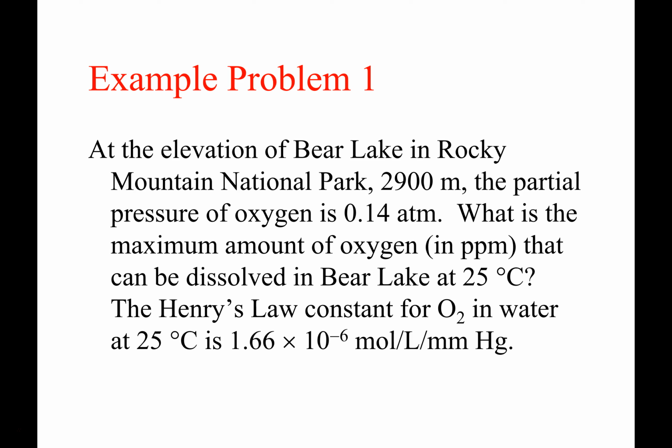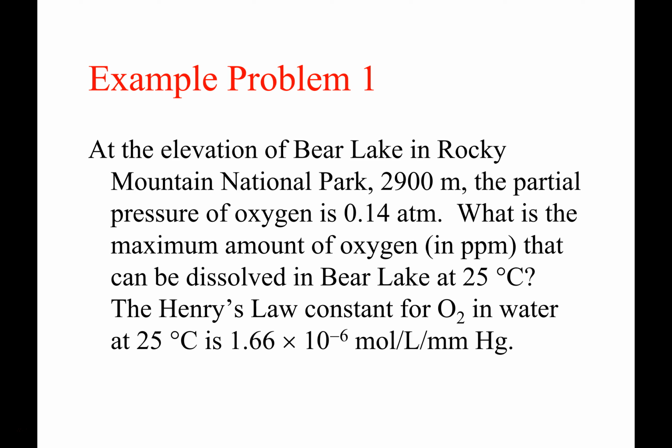We're going to have to remember what parts per million are. How much can we dissolve in this lake, given that Henry's law constant, KH, is 1.66 times 10 to the minus 6, in moles per liter per millimeter of mercury.